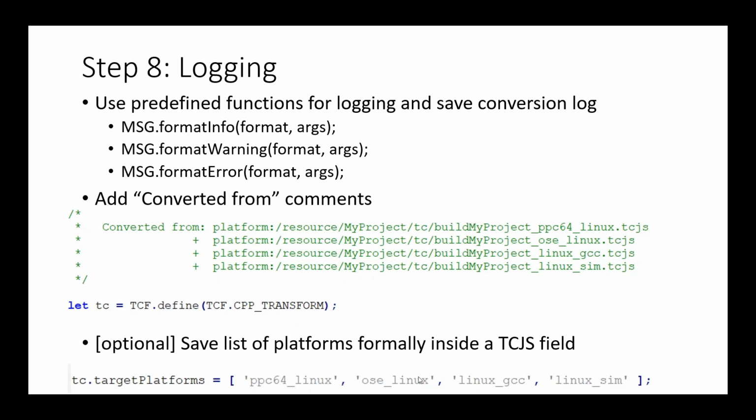So maybe this information will be useful in the future. And in any case, this is just one line. So if in the future you consider this as useless or not important anymore, you just can by a simple script remove this line from all your TCJS. So textual format is very good for different scripting things.